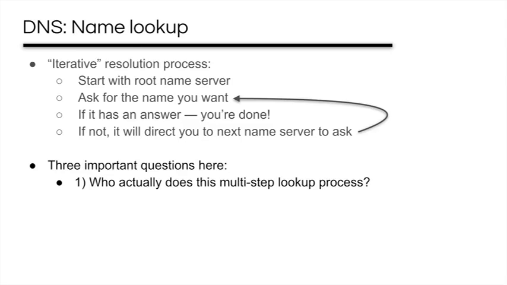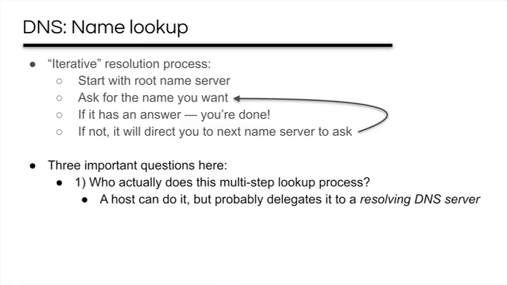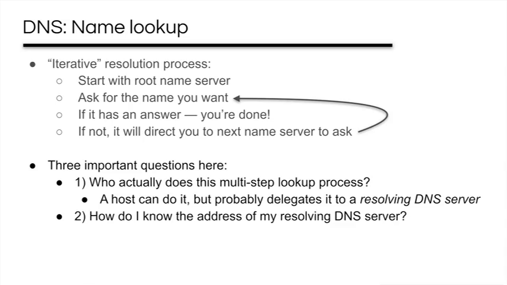And so that answers our first question of who actually does the lookup process. A host can do it, but it probably delegates it to a resolving DNS server. And so that leads to our second question, which is, how do I know the address of my resolving DNS server?